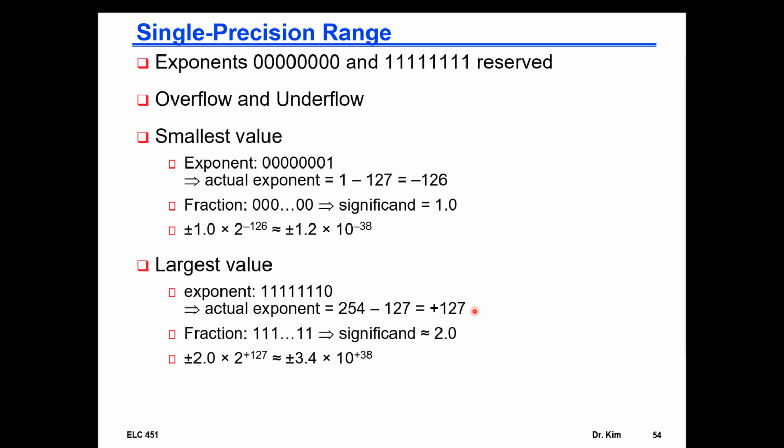Then the fraction is when the fractional bits are all ones, which is 1.111..., almost 2. So the largest value is this over here, which in decimal is plus or minus 3.4 times 10 to the 38. So that is the largest value.